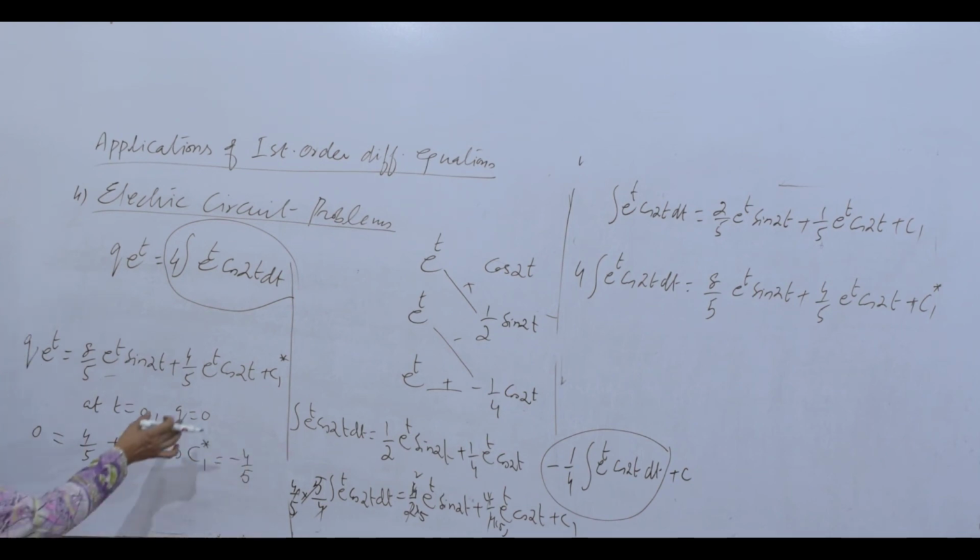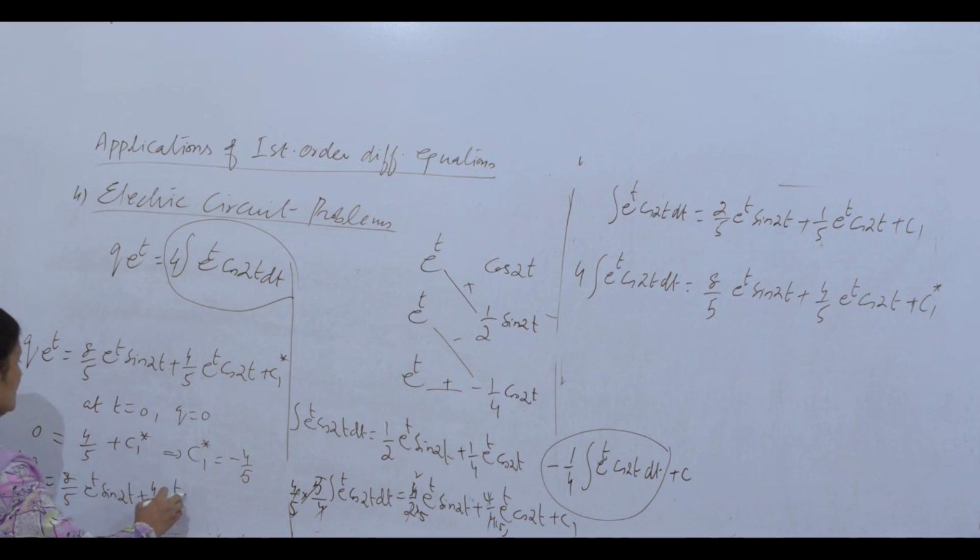Putting the value of c1 star back in this equation, q e^t is 8 by 5 e^t sin 2t plus 4 by 5 e^t cos 2t minus 4 by 5.